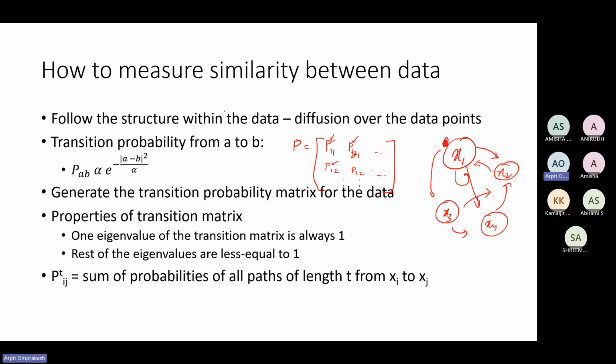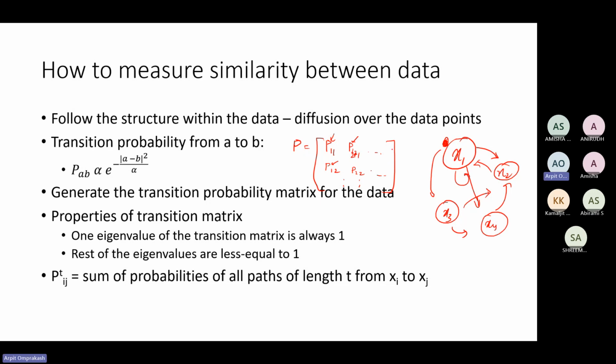And this matrix will have some properties, which is one of the eigenvalues of this transition matrix will always be 1, and the rest of the eigenvalues will be either less than or equal to 1. Okay.